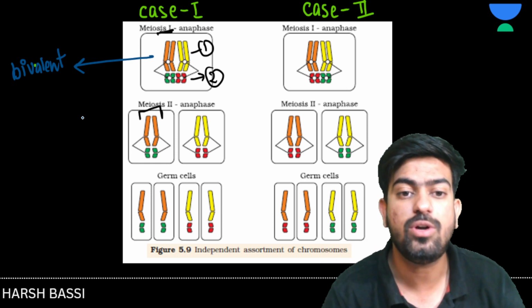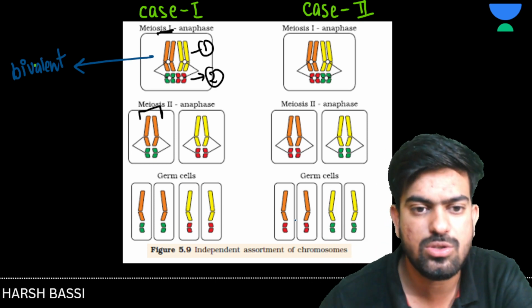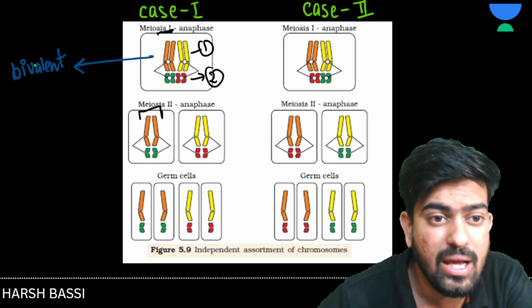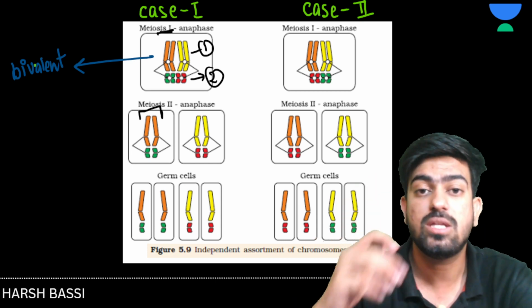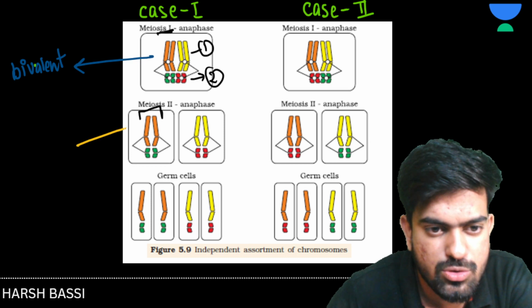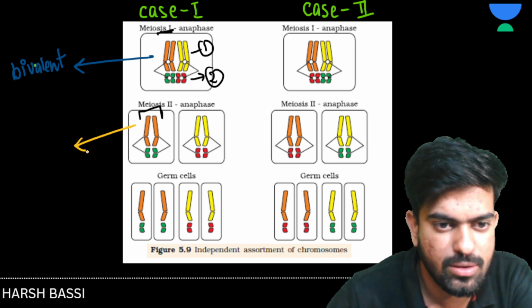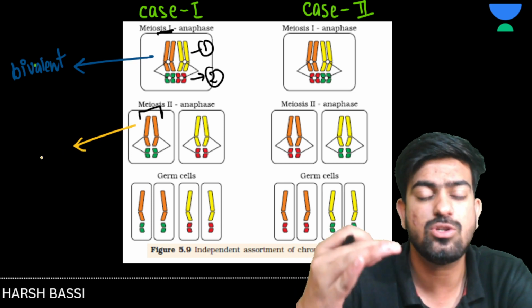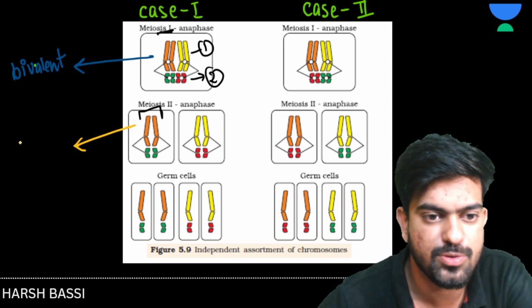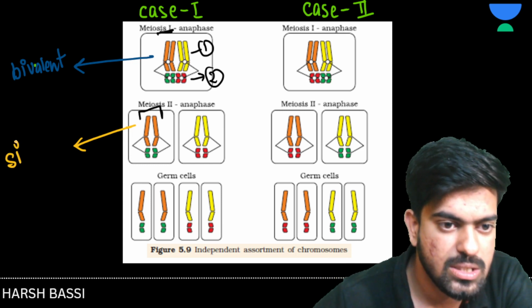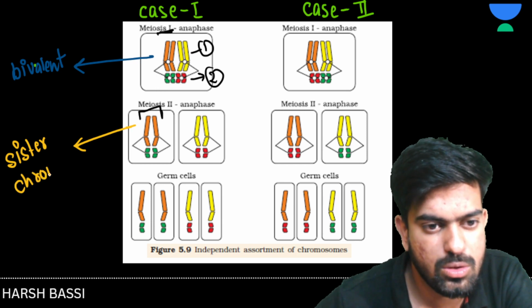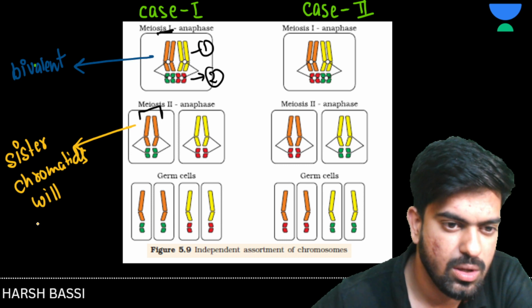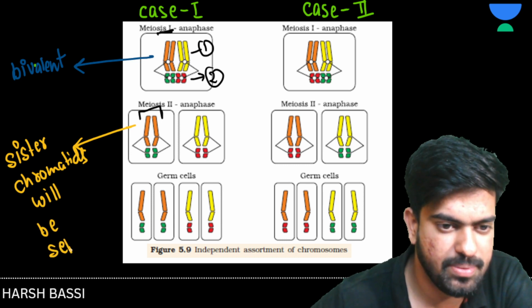In meiosis 2, the sister chromatids of the chromosomes will be separated.